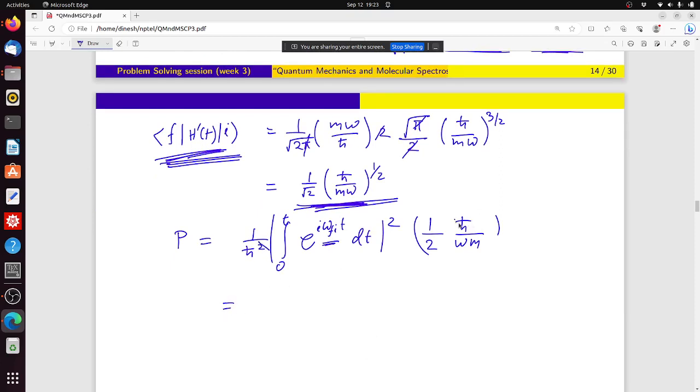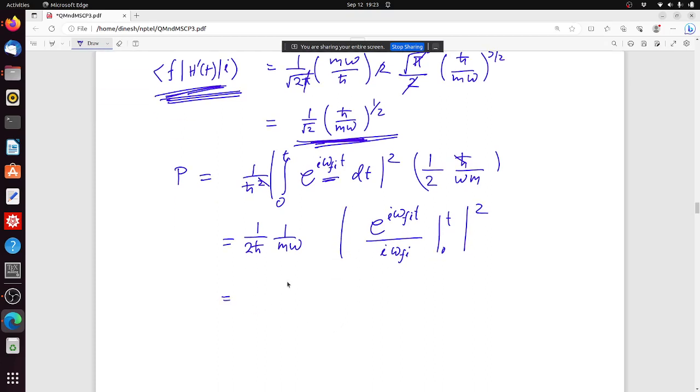The h cross will cancel, 1 over 2 h cross by m omega. This integration will give me e to the power i omega fi t over i omega fi, from 0 to t, mod square. So this is over 2 m omega h cross, then e to the power i omega fi t minus 1 over i omega fi.